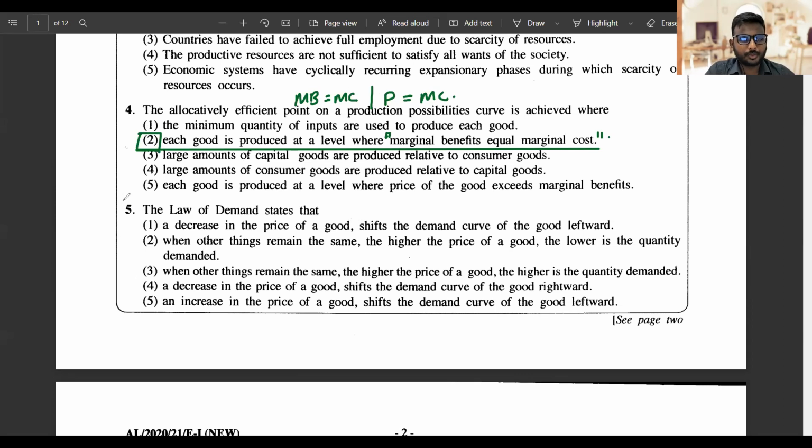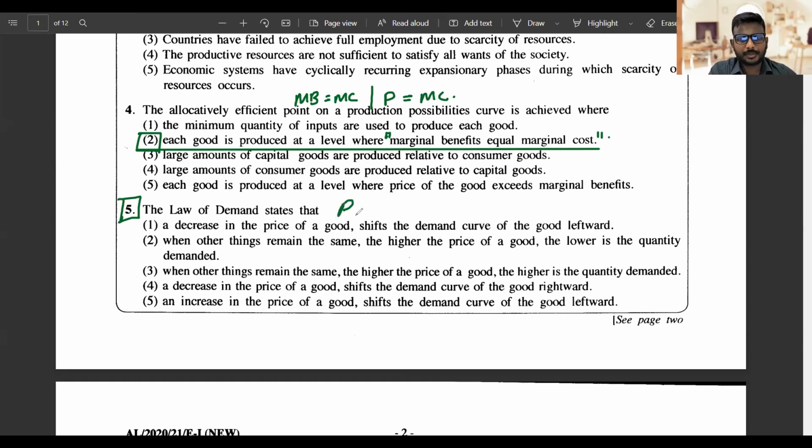And for the 5th question, the law of demand states that. So again, without reading the question, you know what the law of demand says. So what does it say? Simple.